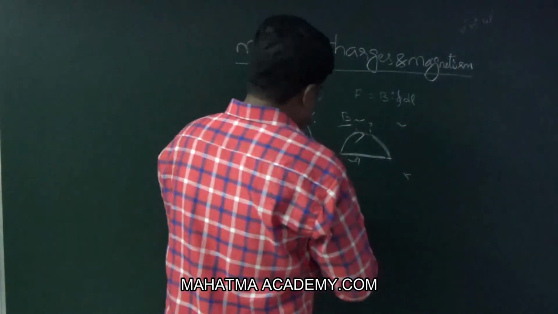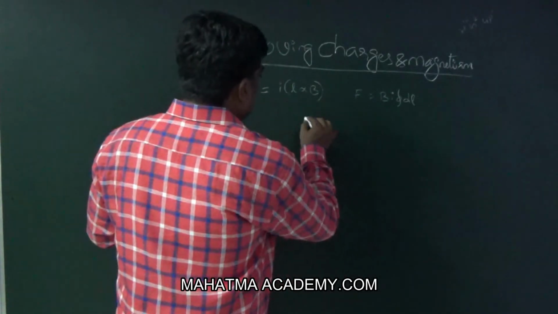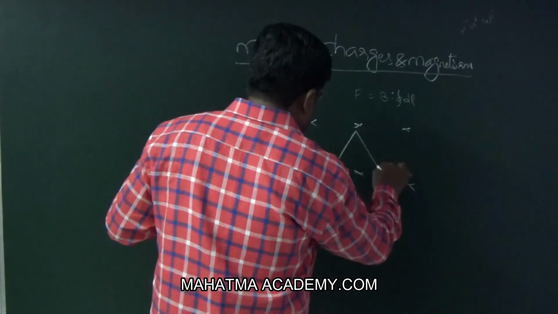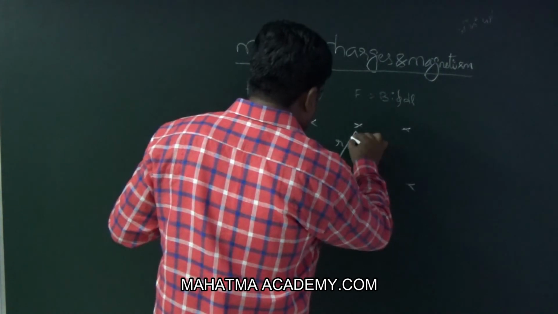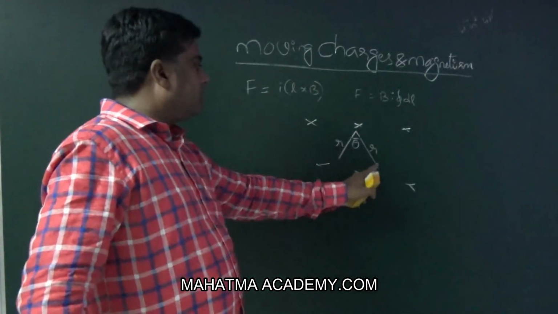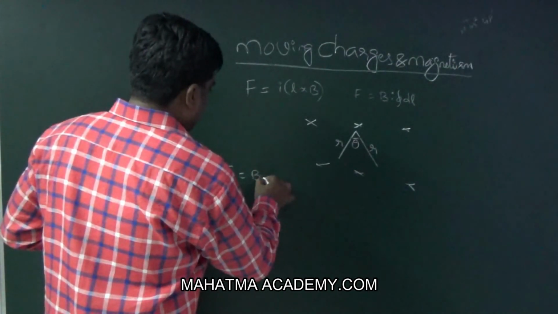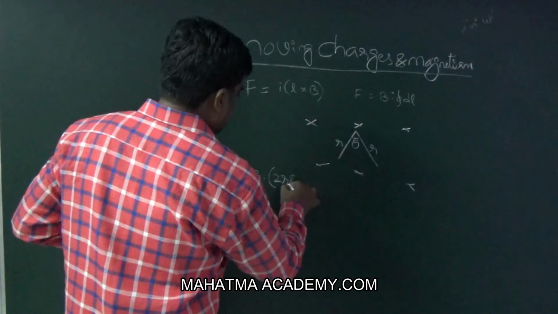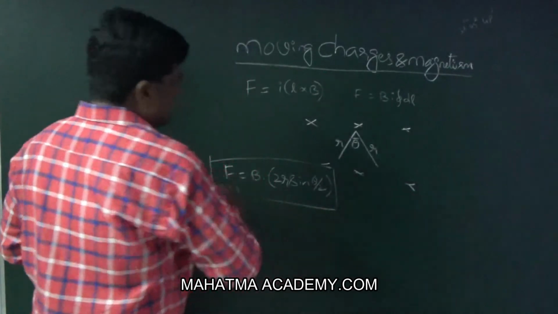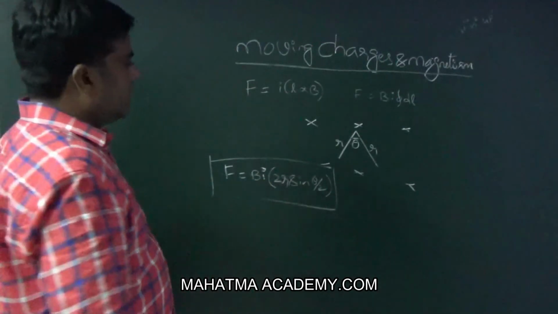Suppose this is the external magnetic field, and this is R, making an angle theta. What is the force on this type of conductor? F equals B I 2R sin theta by 2.